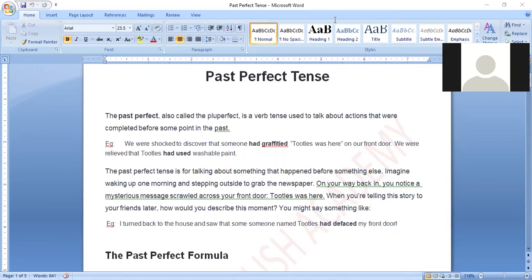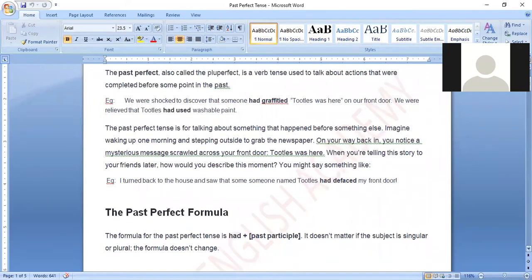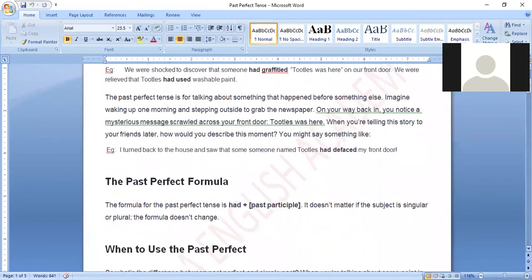We were shocked to discover that someone had graffitied Tootles was here on our front door. We were relieved that Tootles had used washable paint. Here, in bold letters given, had graffitied, had used. These are all past perfect.